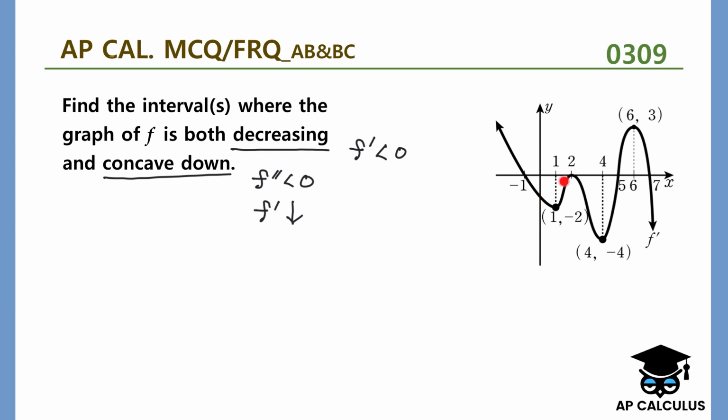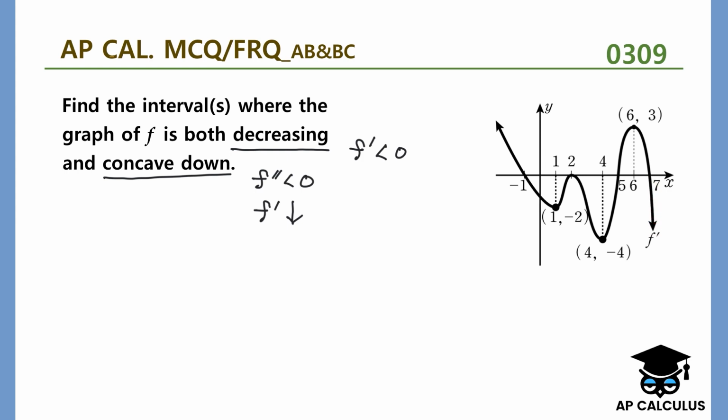From here to here. When x is 2, f prime is 0, not negative, right? So we have to exclude 2. So -1 to 2 exclusive, and 2 to 5, it's negative, right? And any value greater than 7, it's negative.